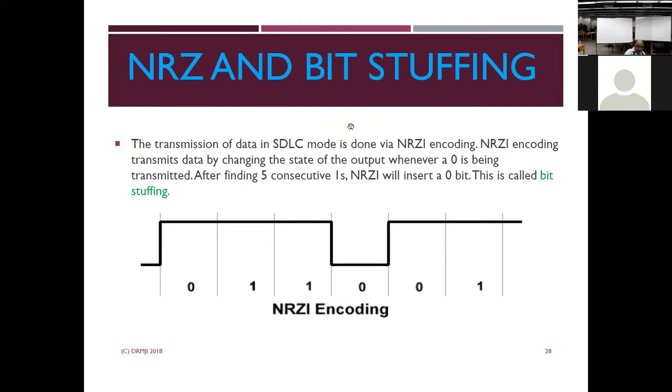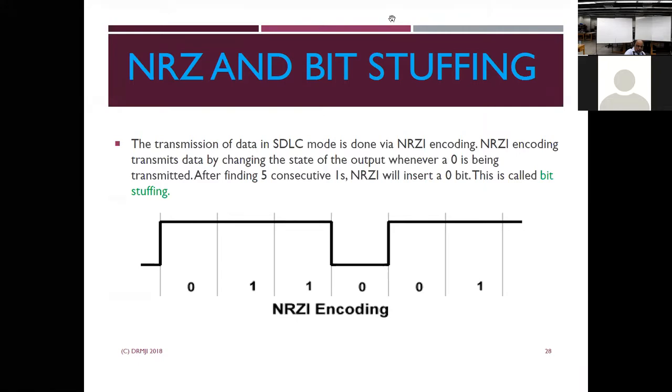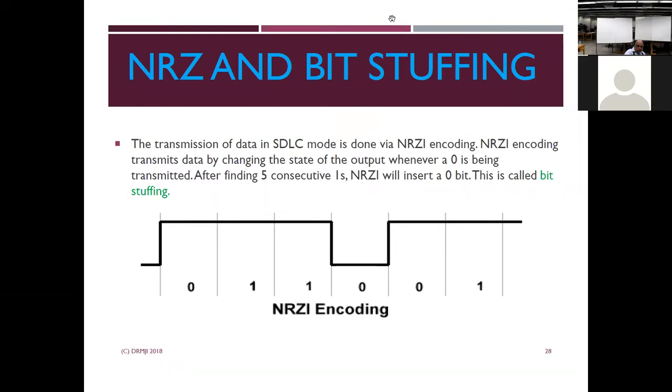If the user has 6 ones, what happens is that after every 5 ones, a 0 is always inserted on the transmission end, and at the receiving end, whenever the data is received, the receiver discards the 0 after 5 ones. That way, the user is never able to send 6 ones.